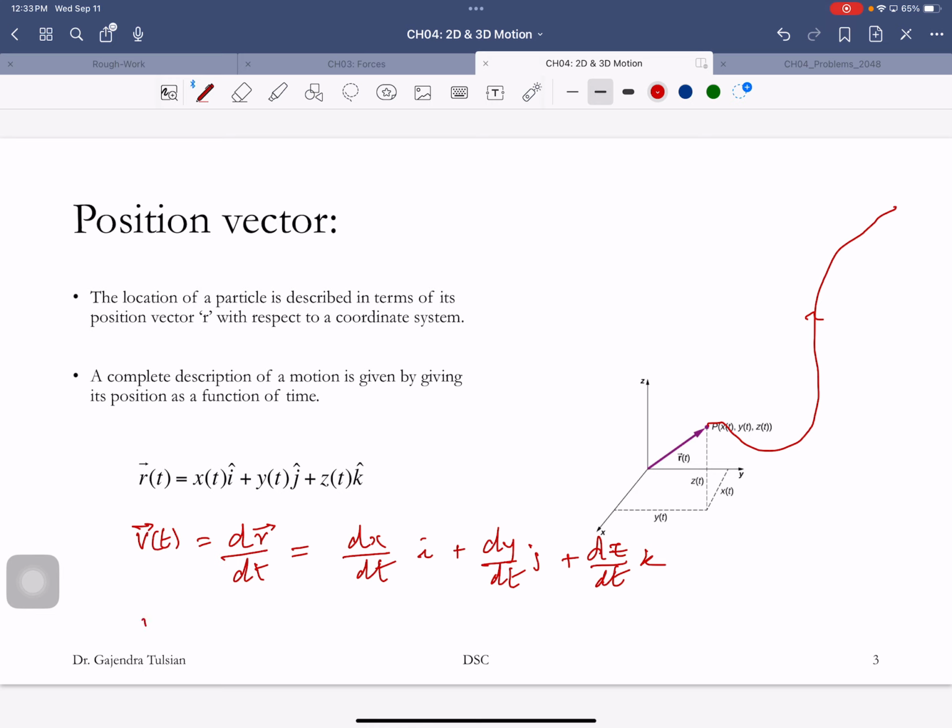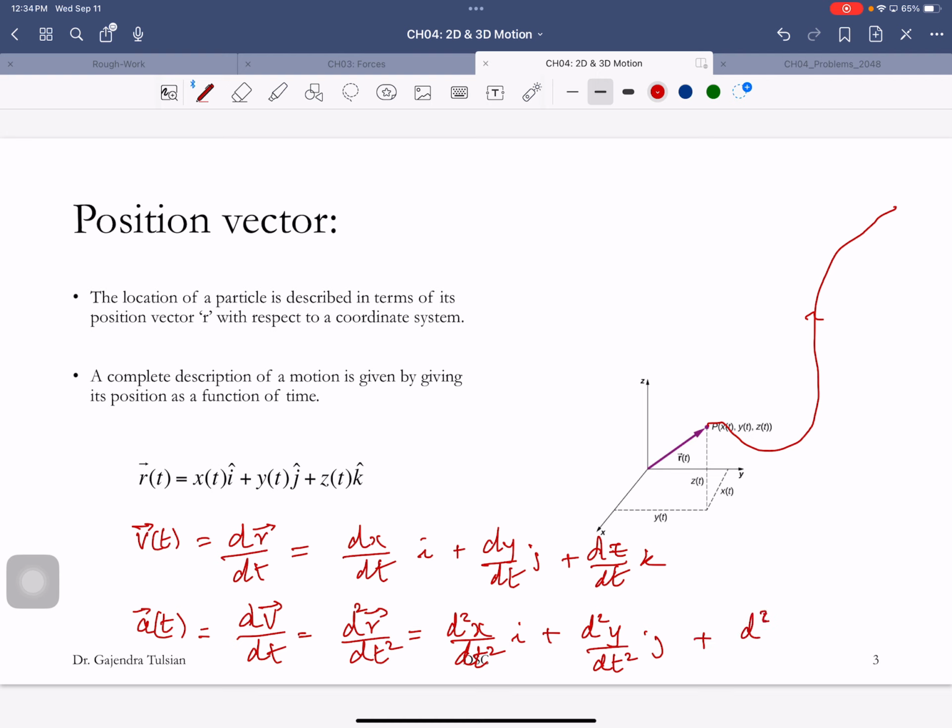And here's another thing you're interested in: what is the acceleration at any given time, which is equal to the time rate of change of velocity, which is the second time derivative of the position. Generally, those are the things that you're interested in. So again, this is a complete description of the motion.